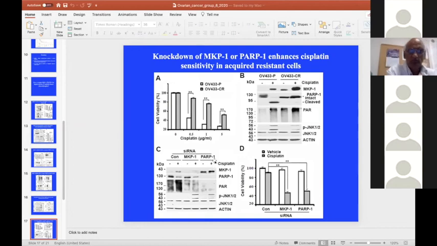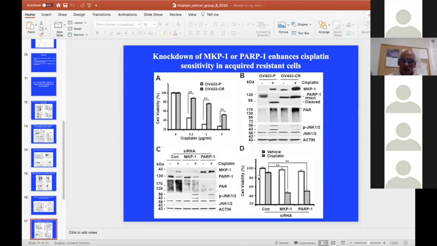And if we knock down PARP1, it doesn't affect MKP1, which suggests that MKP1 is upstream of PARP1. And of course, when you knock down PARP1, you can see less PAR, but it doesn't affect JNK, which suggests that JNK is upstream of PARP1.